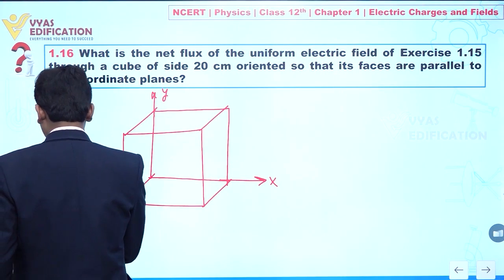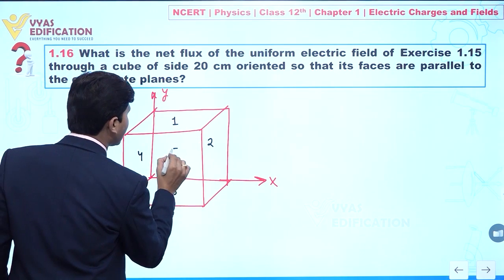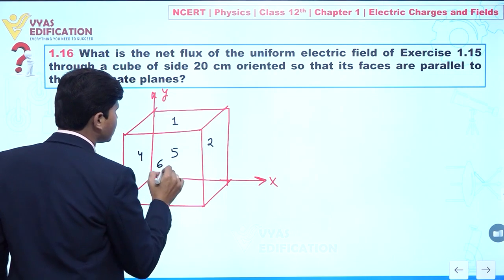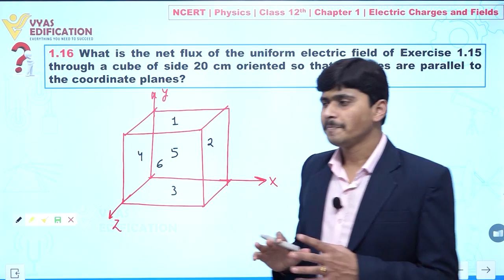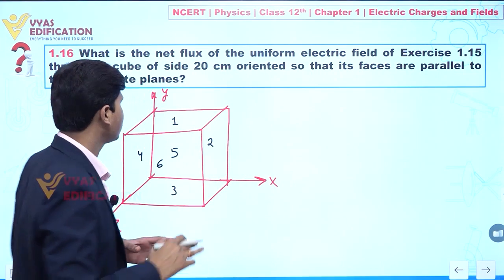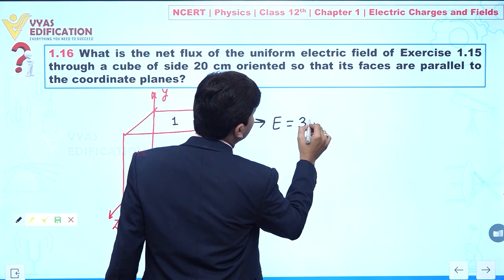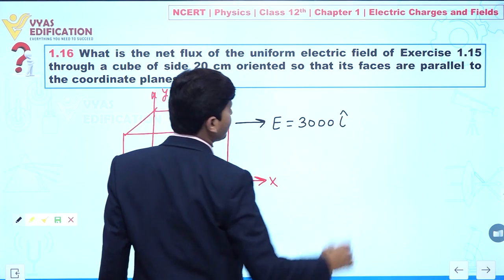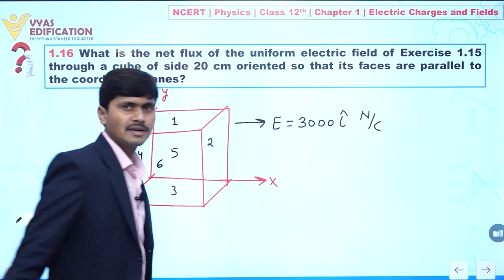Now we can see, if we consider the total number of faces, we have here 1, 2, 3, 4, 5, that is backward, and 6, this is front. Clear? Now in this question the electric field is given to us in the positive x direction and the value is given to you as 3000 i cap. Yes or no? And the value is given in Newton per coulomb. Clear?